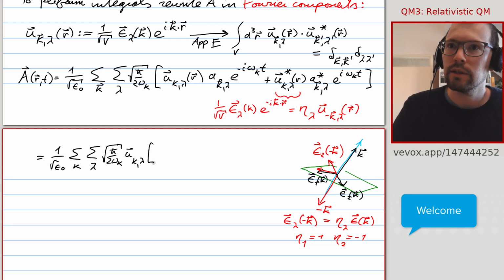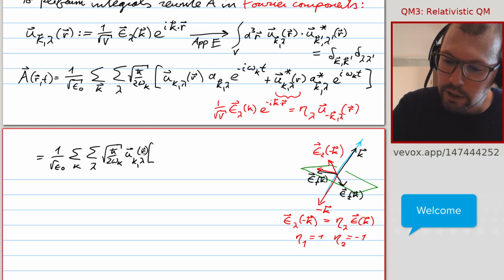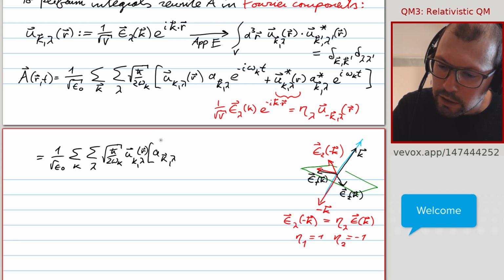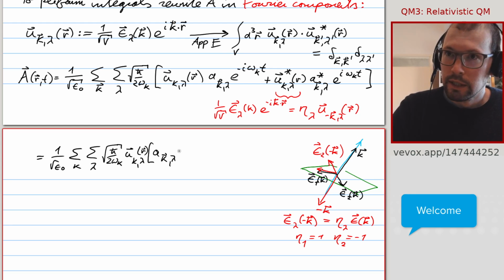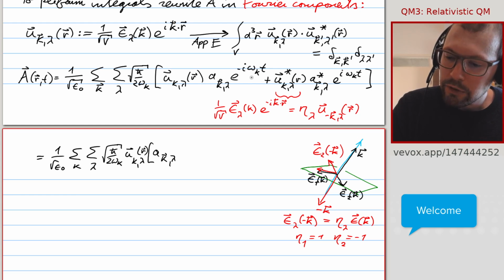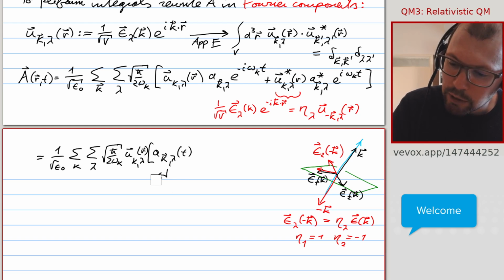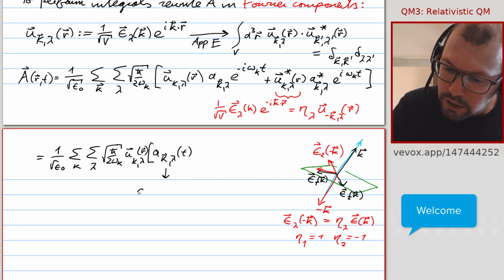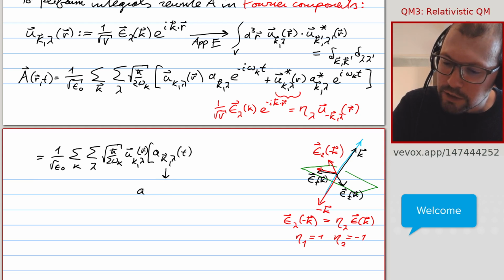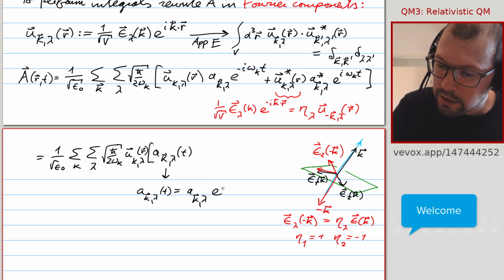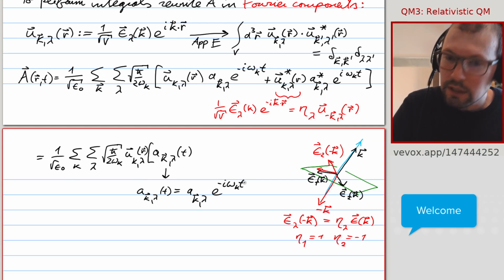So we have, let's put r here. This is an a_k lambda. Okay, and I also want to give another definition here. Maybe I should not do these things all at once. So for me, a_k lambda as a function of t is really a_k lambda e^(-i omega_k t).